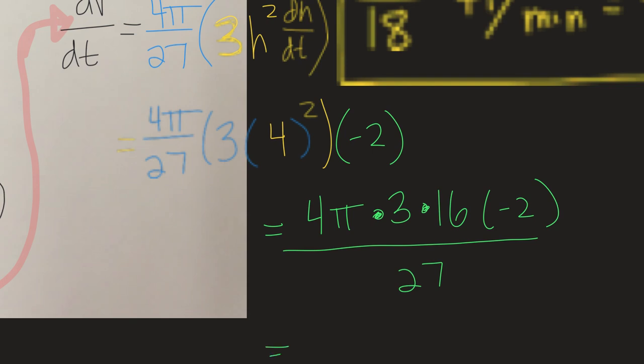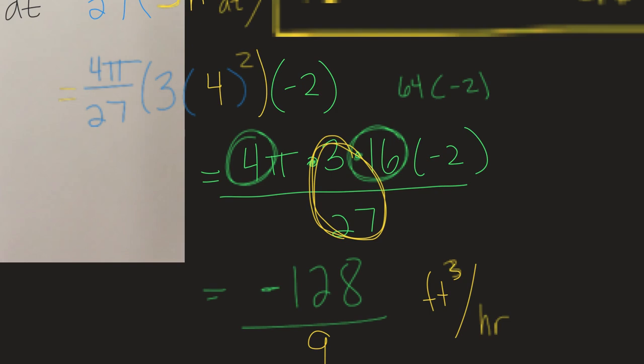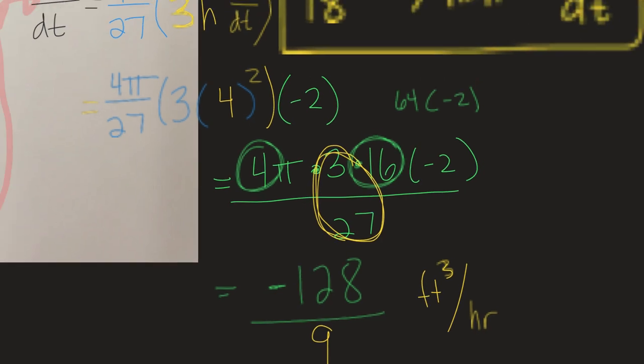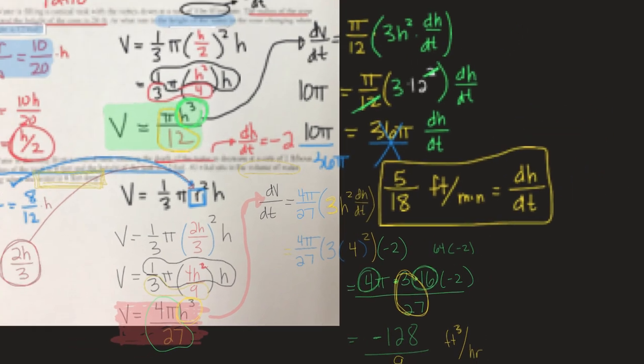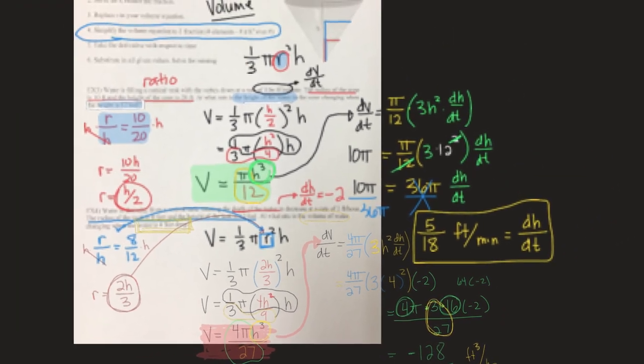Calculator says my volume is changing at a rate of 128 over 9 cubic feet per hour. And it's negative because the water is flowing out, so decreasing. These are some tricky problems, but they're all done the same way, one step at a time. Go forth, be good.